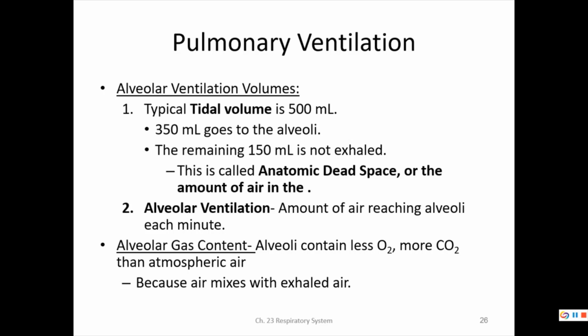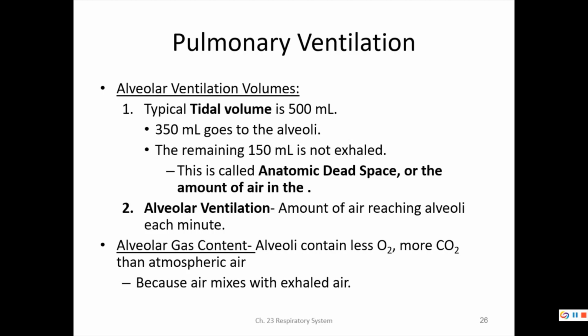Now, your typical tidal volume, as I said, is around 500 mils. Of that 500, only about 350 mils actually get to the alveoli. About 150 mils are going to be in the alveolar ducts. They're just stuck out there somewhere.